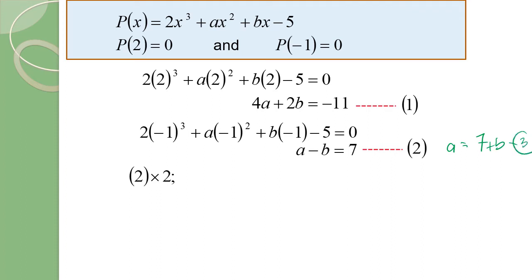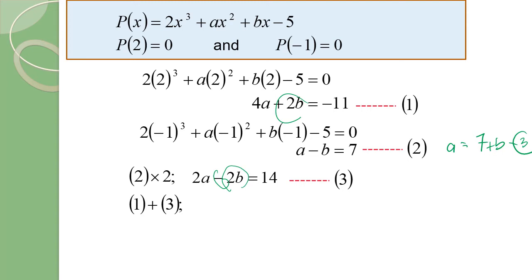I think here it's better to use substitution, but for this example they want to use elimination. So they multiply the second equation by 2, and we get 2a minus 2b equal to 14. Because we have 2b in the first equation and -2b in the second equation, we can just add up the two equations. Equation 1 and equation 3 add up.